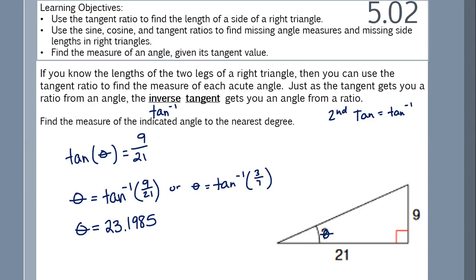If I put in 3/7, I get the exact same answer. It's set to the nearest degree, so theta is equal to 23 degrees. You don't have to use the Greek letter theta; if you just want to put a question mark there, or label this just X, that's fine. However you want to go about it.